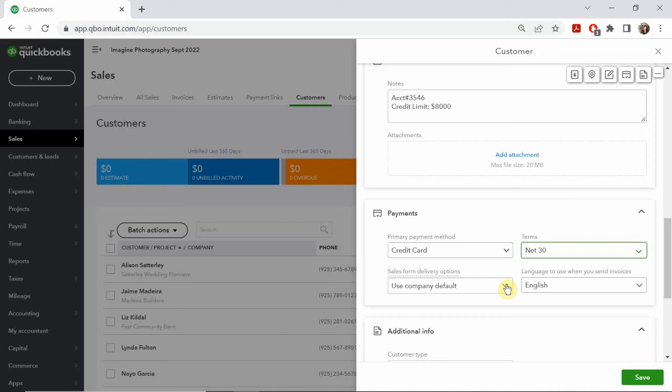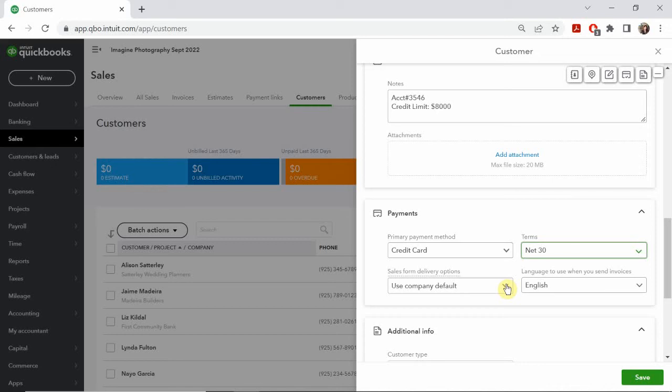So again, if you have a specific form that you use for specific customers, you can go ahead and identify what they are. But in this case, we'll just have default settings. And you could even have different languages on your sales form. So if you appeal to a specific demographic, let's say you appeal to Hispanics, or to those of Asian descent, right?